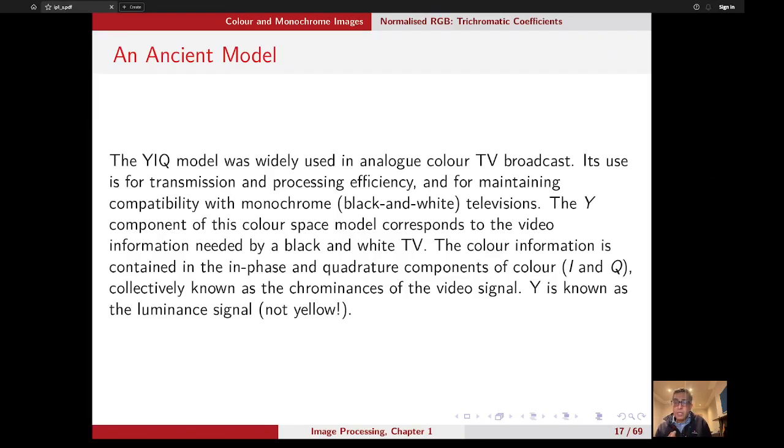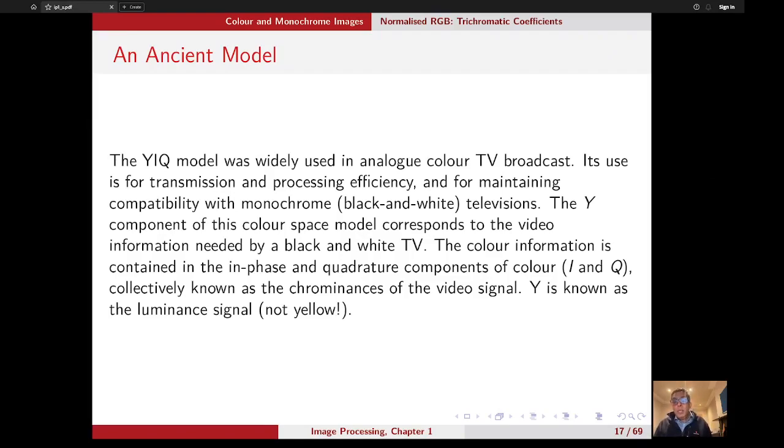So if you've done any communications theory involving radio broadcast, or if you've done signal processing or ultrasonic imaging or indeed MR imaging, you might have come across the idea of in-phase and quadrature signals.